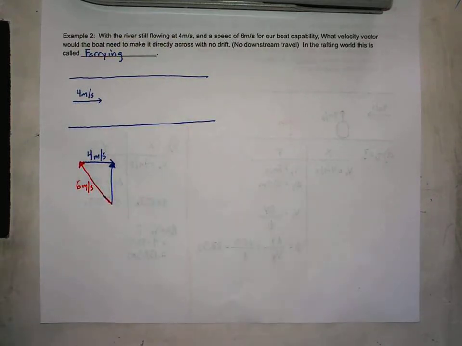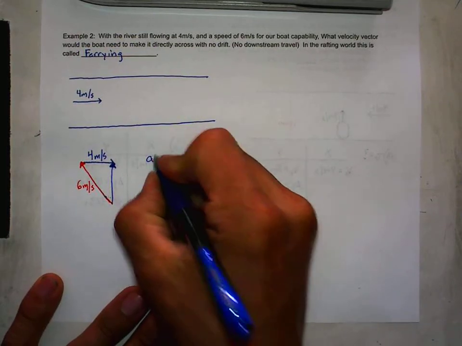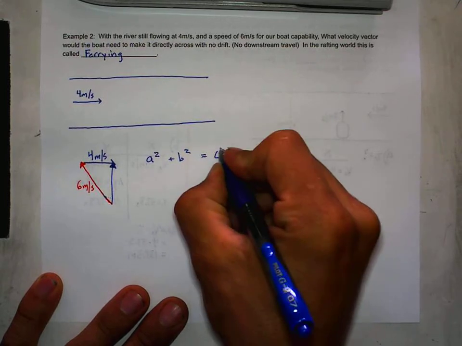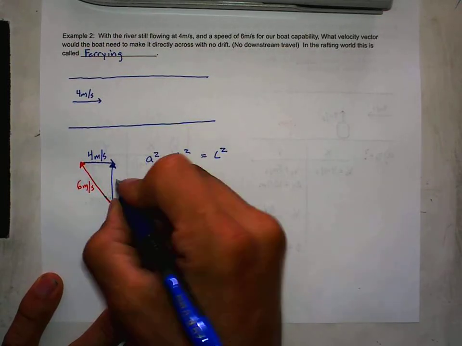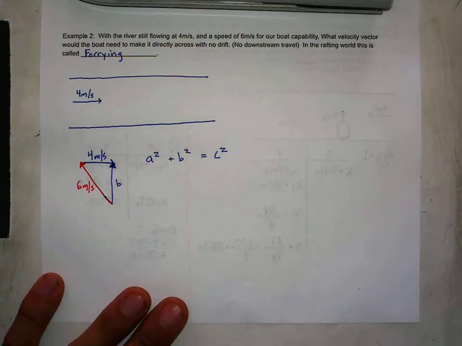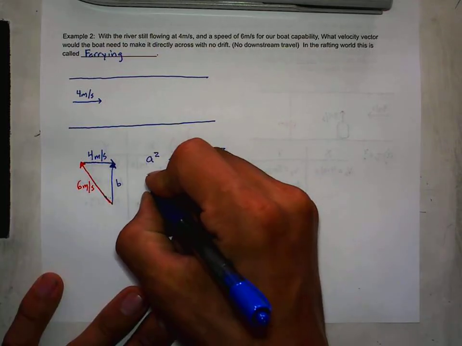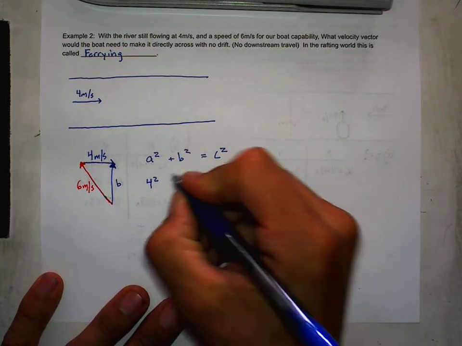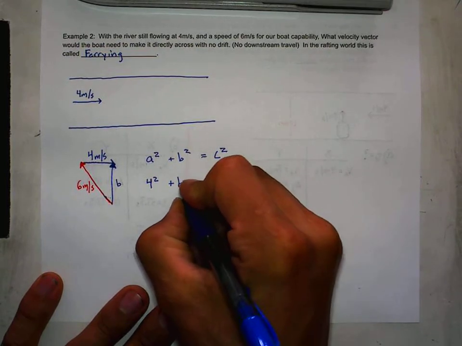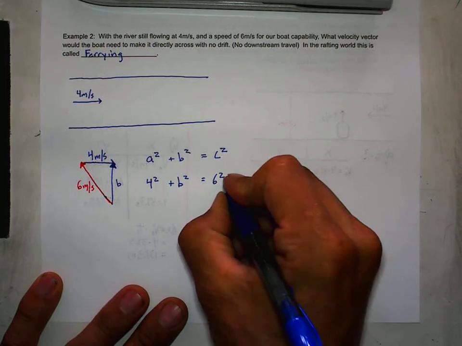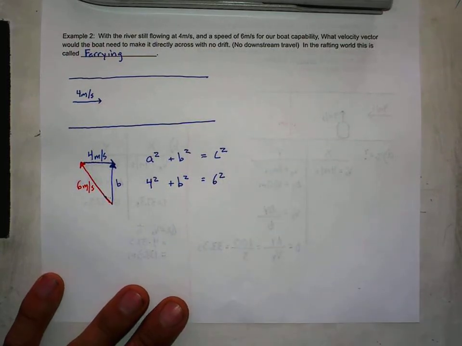So let's look at the Pythagorean theorem. a squared plus b squared equals c squared. Let's call this b. You guys are already punching it into your calculators. You know what to do. So we've got 4 squared plus b squared equals 6 squared. Decided to go with the plug and chug method there.